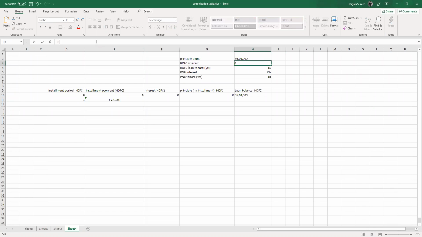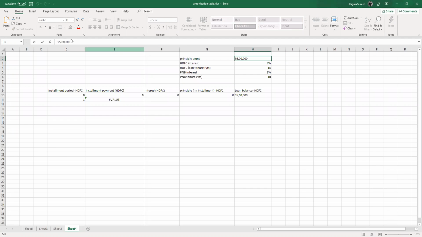But anyway, let me check it. So even then it is taking 8 only, right? I think percentage you need to make it. Suresh, I think that principal amount which you have given, you have to make it some dollar or some amount, something like that.